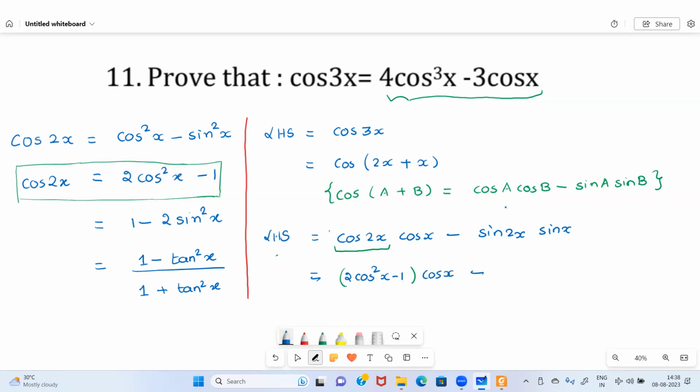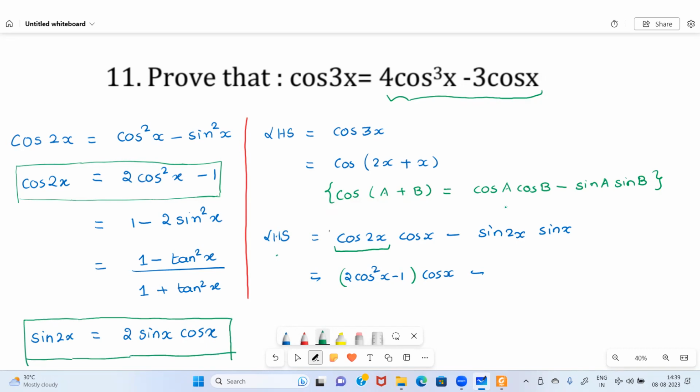And sin 2x, I hope you know the formula for sin 2x. What is sin 2x, students? 2 sin x cos x. Of course, there is one more, 2 tan x by 1 plus tan square x. However, in this, we are going to substitute sin 2x as 2 sin x cos x. Clear, students?